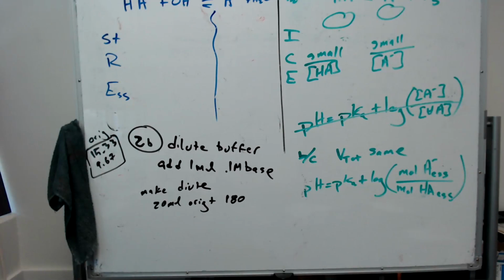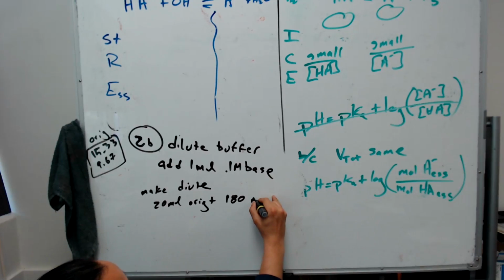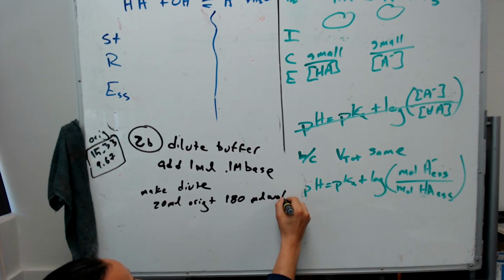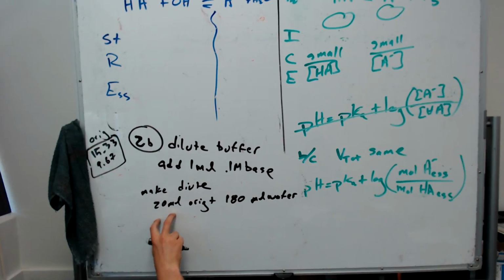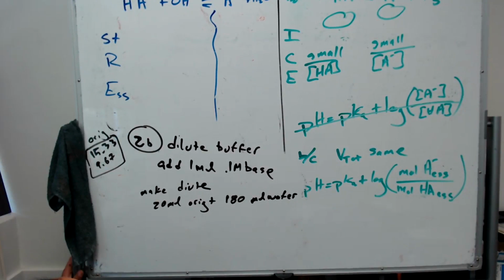So you take 20 and then you add 180 and then you take 50 mils out. And I forgot to take the 50 mils out. So notice, I'll fix it right now. That's what I was asking about earlier with the 50 milliliters. Yeah, exactly. So we take 20 mils of our original, we add 180 milliliters of water.